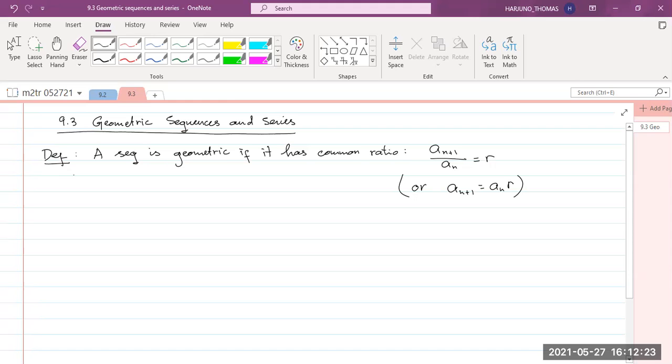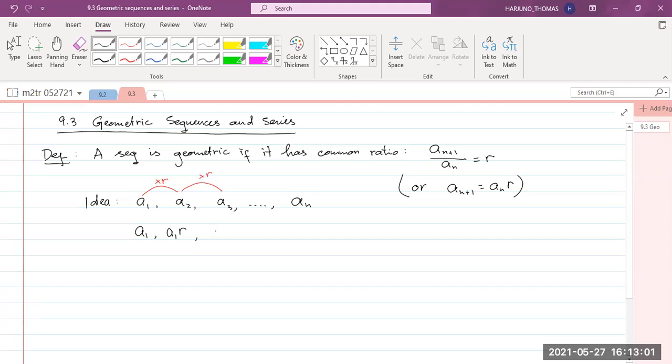And if we see the pattern, the first term, the second term, the third term, and on to the nth term, you see that the second term, you multiply the first term by R. So the second term is actually the first term times R. Now, from that second term, you multiply R again to get the third term.